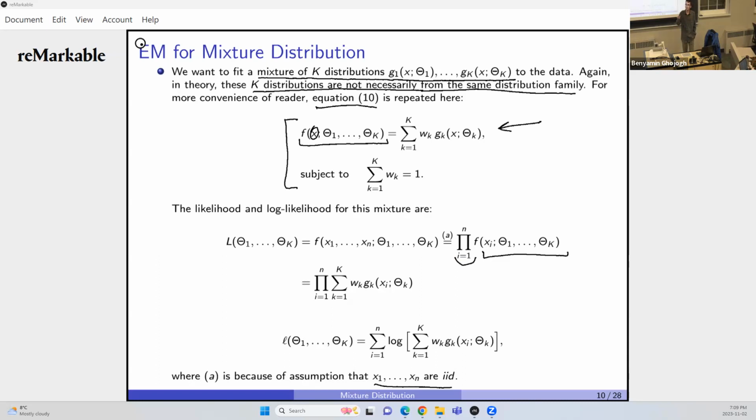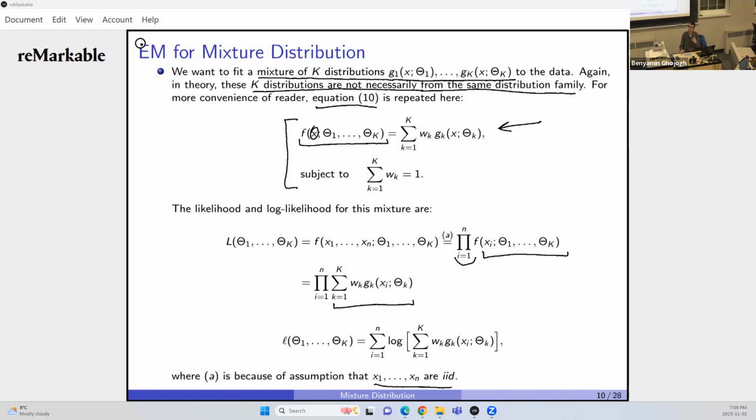Then as a result, the likelihood becomes multiplication of each of these PDFs, because they are independent. And each of them, according to this, is itself a summation, a linear combination of several distributions. So I have multiplication of summation. Agreed? Where multiplication is over the points and the summation is over the distributions in the mixture.